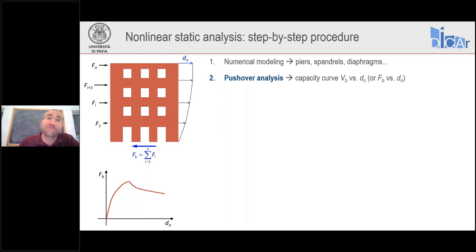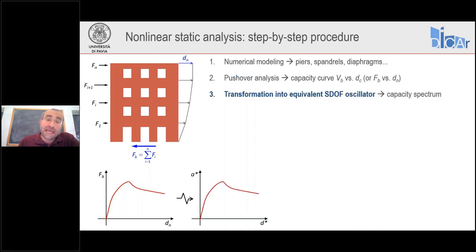So once we have performed these two steps, we have our capacity curve, a relationship between the base shear FB or VB and the displacement of this control node, DC or DN. Now we go into the new territory of this webinar series, so to say.